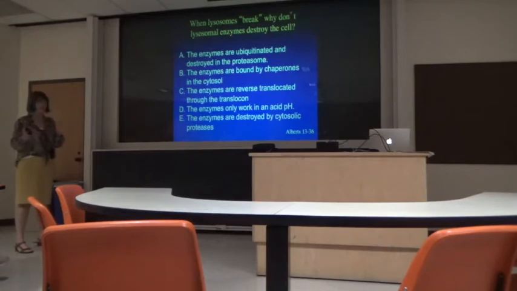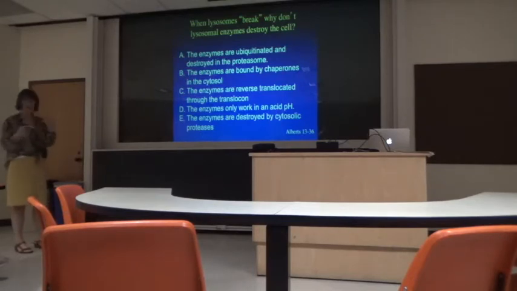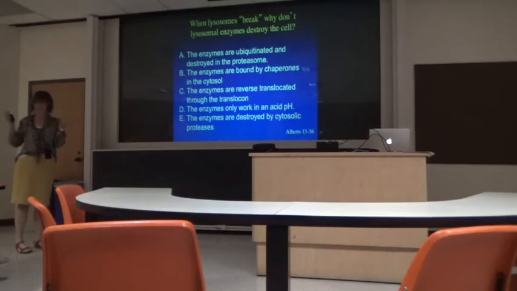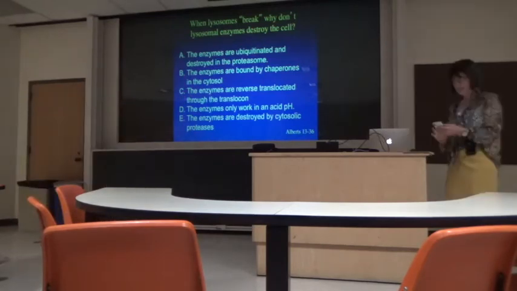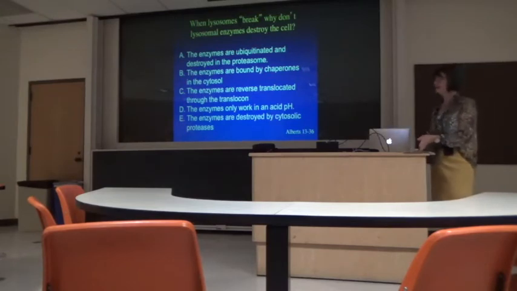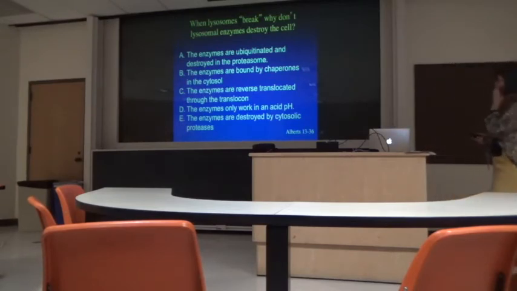So these lysosomal enzymes are released into the cytosol. Why don't, and I just told you, they're lipases, they're nucleases, why don't they destroy the cell? So, it looks like the vast majority of you picked the correct answer, which is that the enzymes only work in an acidic pH, choice D.